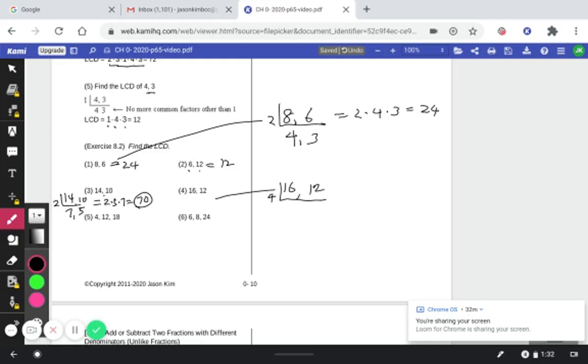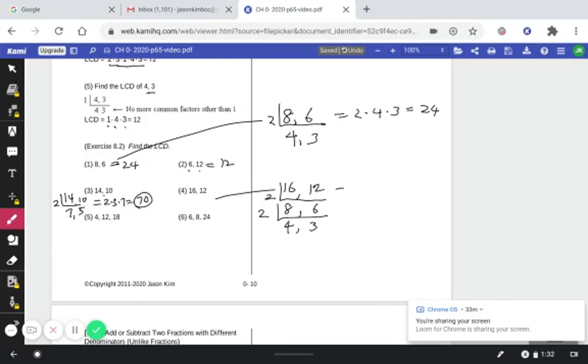Let's try with the 2 first. So 16 divided by 2 is 8. And 12 divided by 2 is 6. You still have a common factor, so you do it one more time. 8 divided by 2 is 4. 6 divided by 2 is 3. And no more common factor.